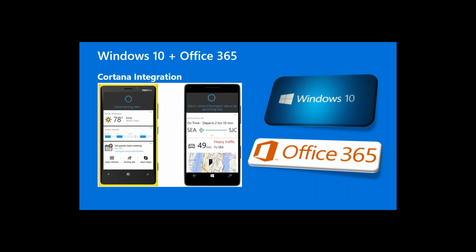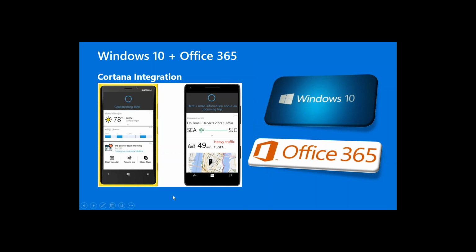This is an example, obviously, on a mobile device, so this is a Windows phone screenshot, but to give you an idea, this shows you what Cortana would show in the morning, show you weather, show you information about your calendar. This is Windows 10 on a Nokia phone, and then give you the ability to connect through Skype for Business, look at your calendar, so it shows you that you've got a meeting coming up and gives you the information about that.